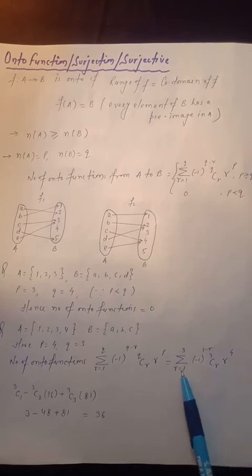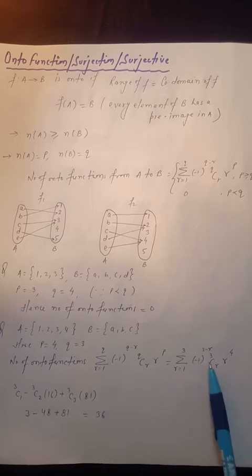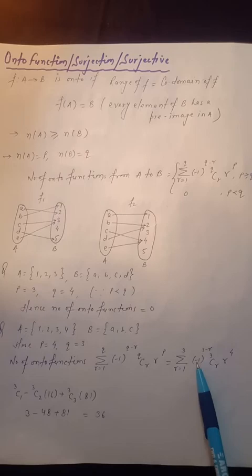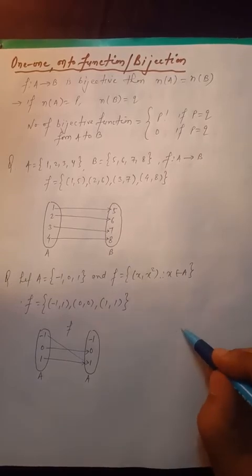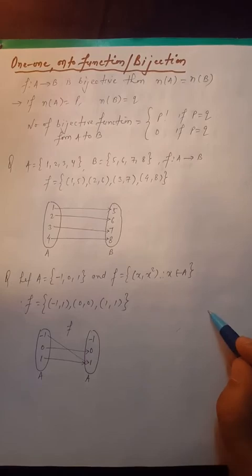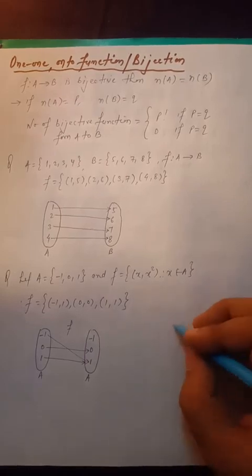Now write r = 1, so it will be 3C1, 1 to the power 4, and (-1)^2, so it will be 3C1. Similarly for r = 2 and for r = 3, so finally we get 36.